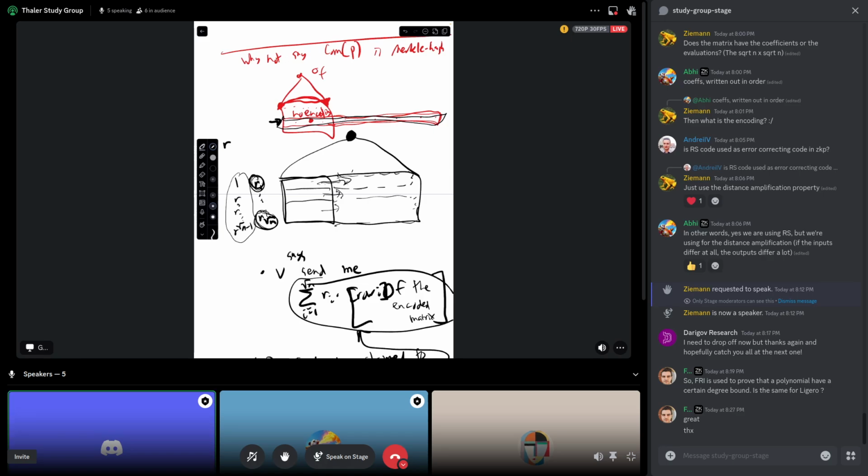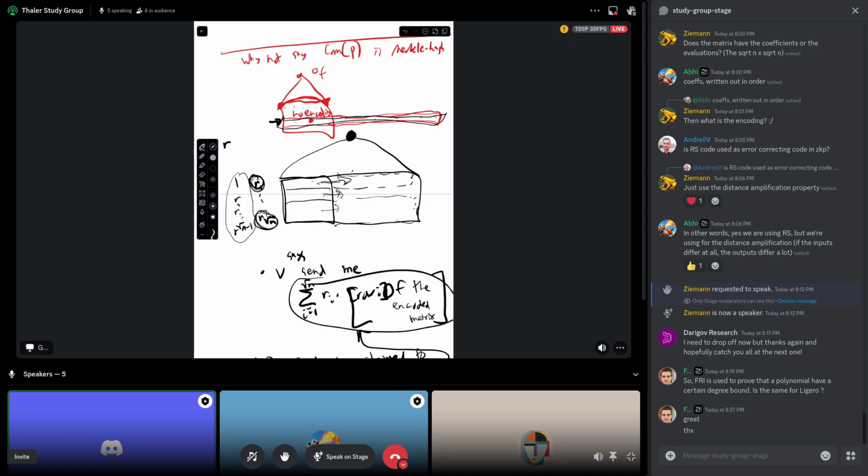You'll often hear of FRI being applied, quote, above the unique decoding radius of the Reed-Solomon code, which is a technical term that will make more sense by the end of today's session. But if you literally want a polynomial commitment scheme, you cannot analyze, you cannot go beyond the unique decoding radius of the error correcting code used in FRI, which is Reed-Solomon.